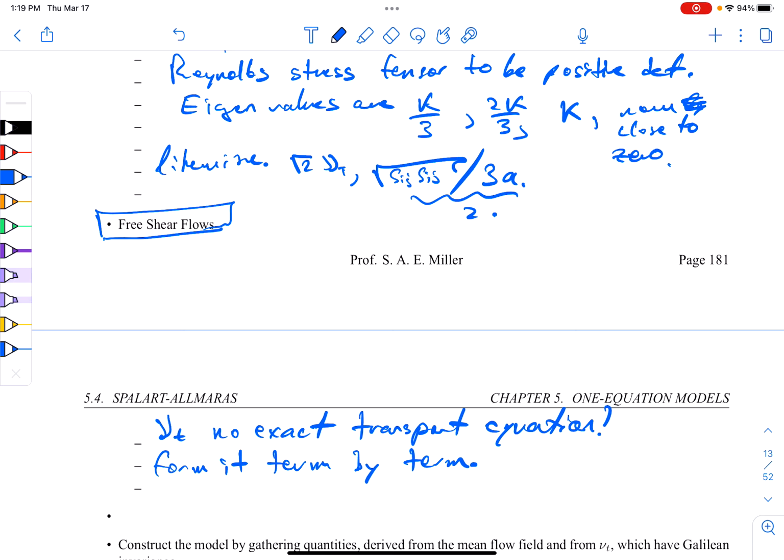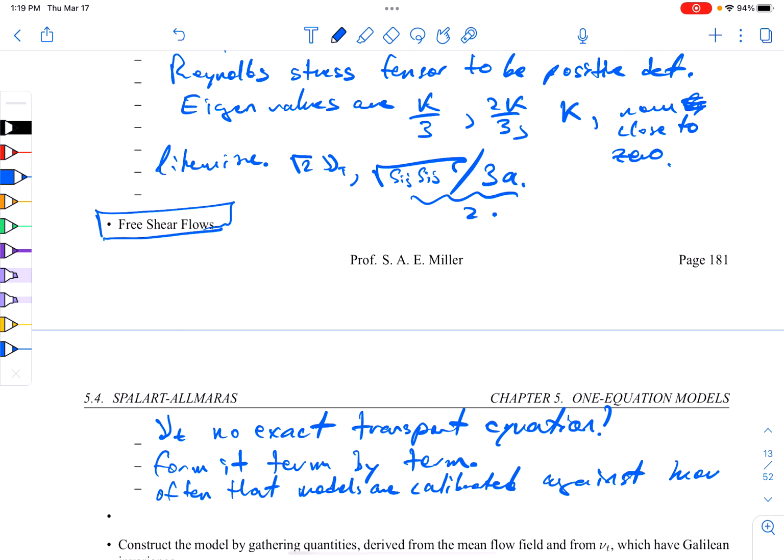And it's often that models, almost all the ones we talked about, are calibrated against homogeneous turbulent flows, but they decided not to.